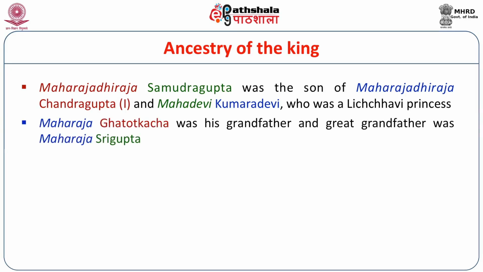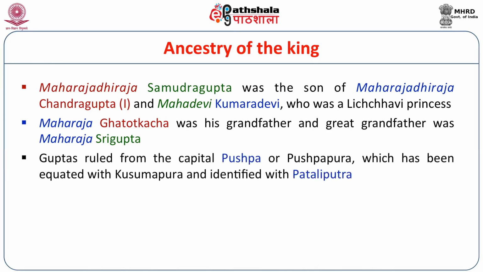Maharaja Ghatotkacha was his grandfather, and his great-grandfather was Maharaja Sri Gupta. So the complete genealogy of the early Gupta family has been given in this inscription. Guptas ruled from the capital of Puspa or Puspapura, which has been equated with Kusumapura and identified with Pataliputra.